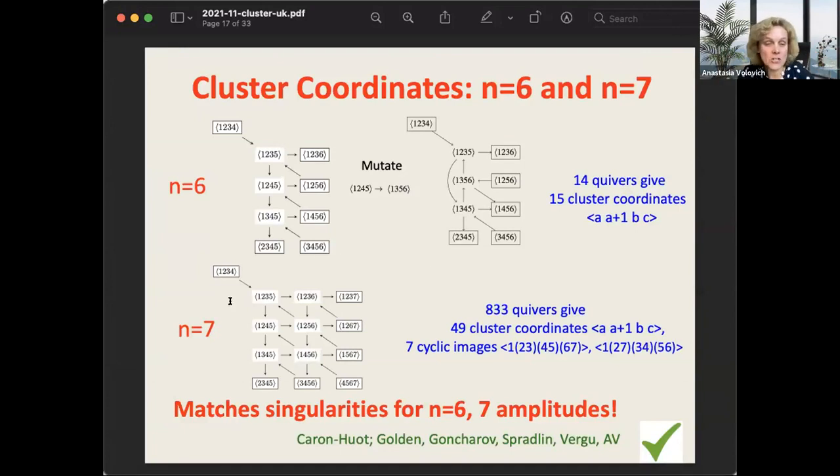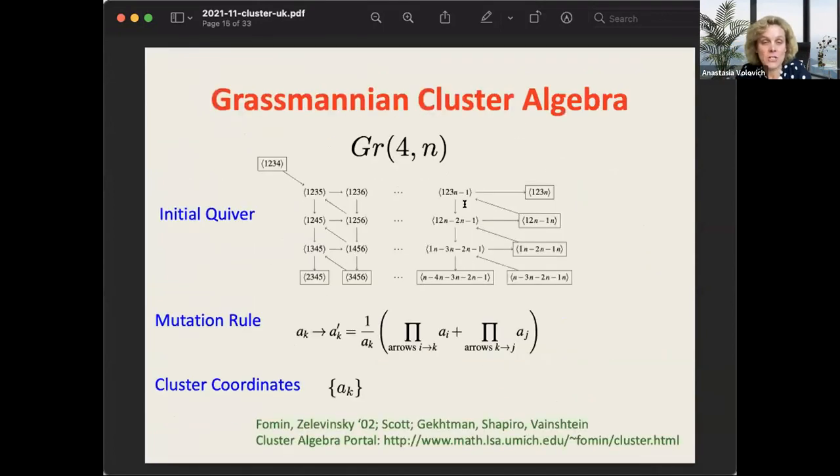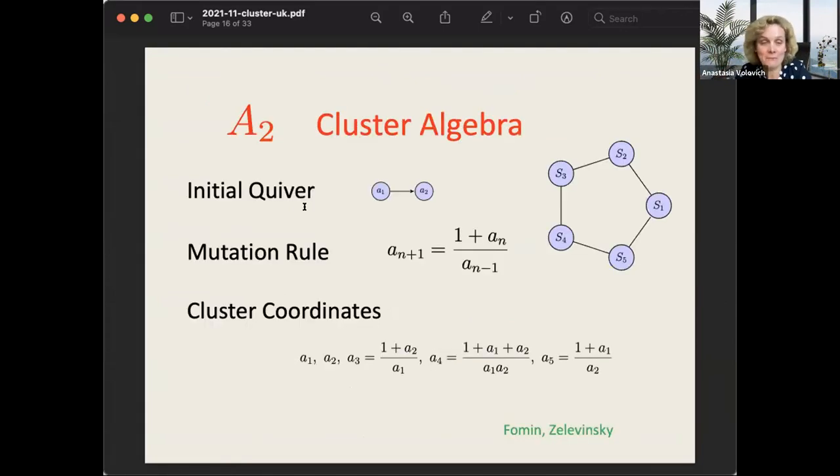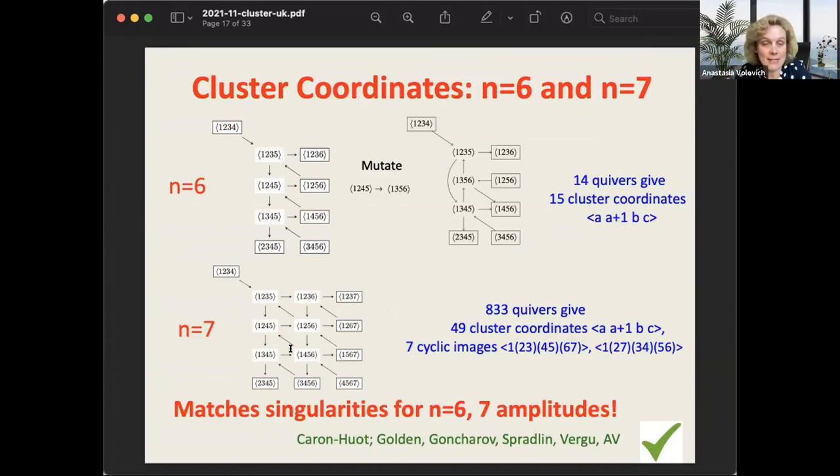We do the same for Gr(4,7). Again, if you remember, for Gr(4,n), the initial quiver is 3 by n minus 5. So it's 3 by 6, plus the frozen nodes. If you do the same, you start with the initial quiver for Gr(4,7), you mutate, you get 833 quivers.